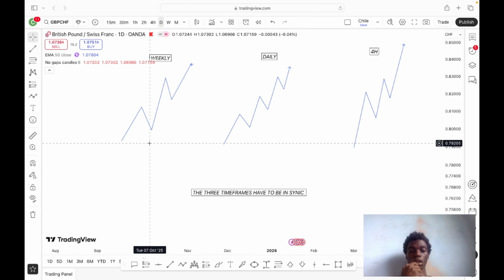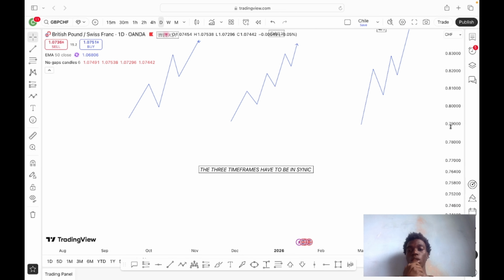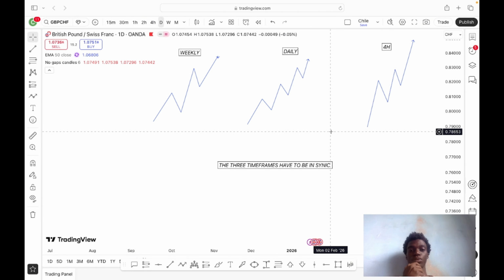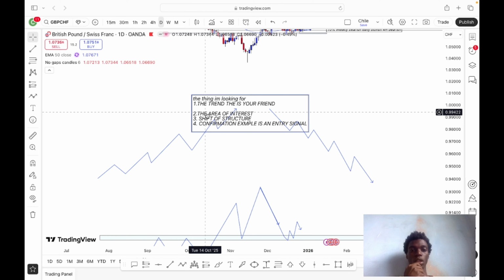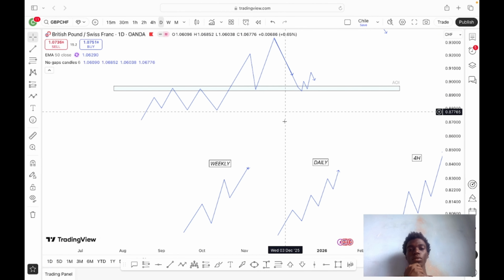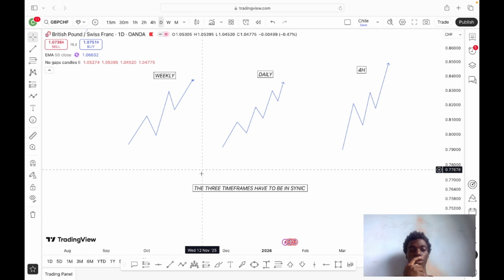Then when we identify the trend, the second thing is the area of interest. If we find that the 3 time frames are in sync, then we look for area of interest.